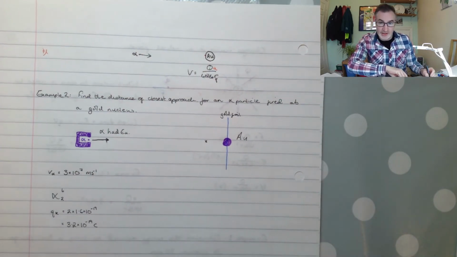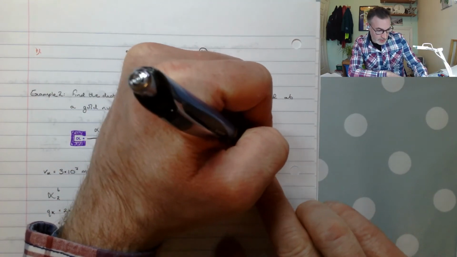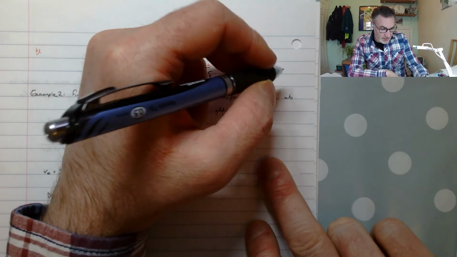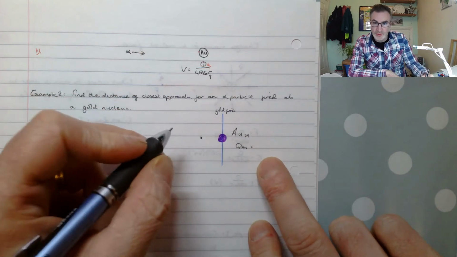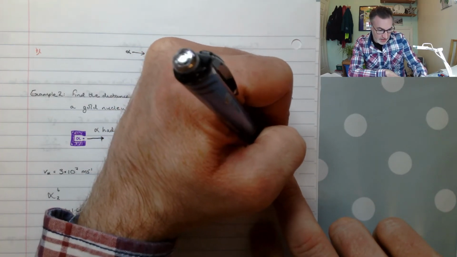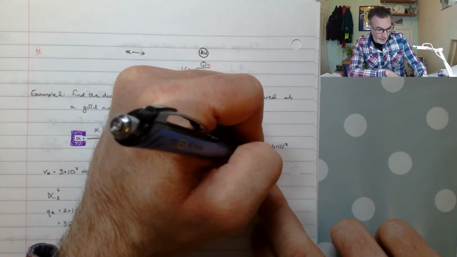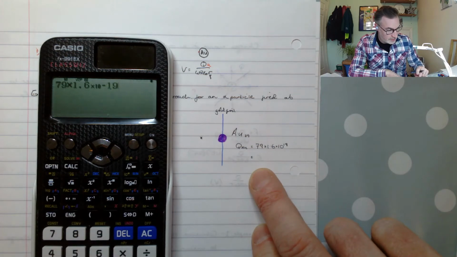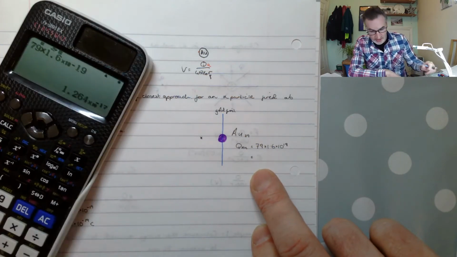And we need the charge of our gold nucleus, Q Au. Gold has 79 protons, so there would be 79 times 1.6 times 10 to the minus 19, which is 1.264 times 10 to the minus 17.